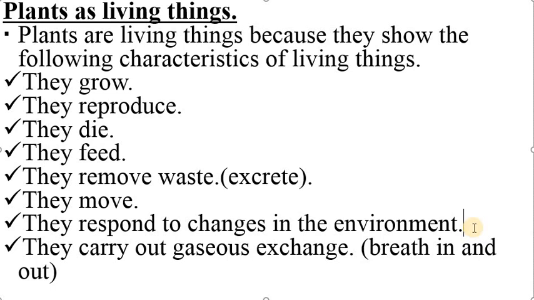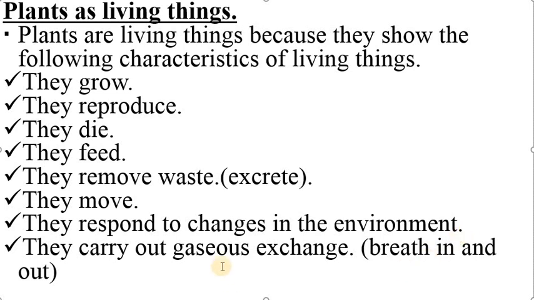If there is a change in the environment, you will see a plant responding to it. For example, if it is too hot for the plant, you will see it drying. That means it is reacting to what is happening in the environment. And if the plant is drying and you provide it with water, you will see it becoming healthy, becoming greener. That means it is responding to the environment.